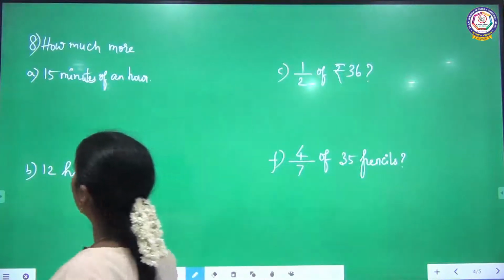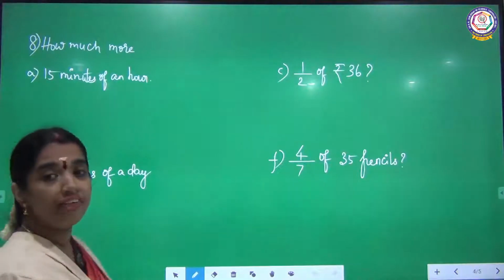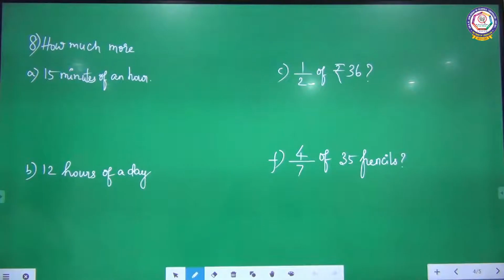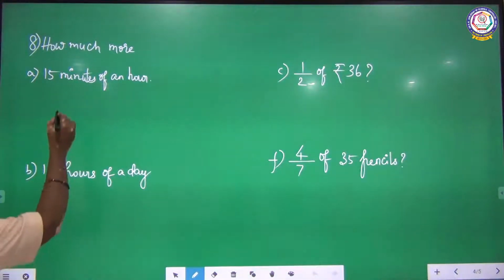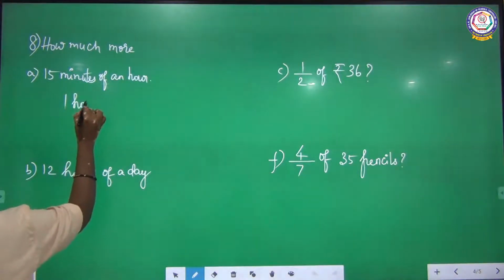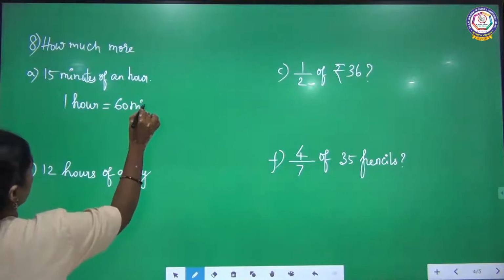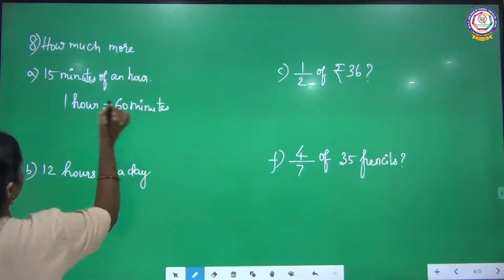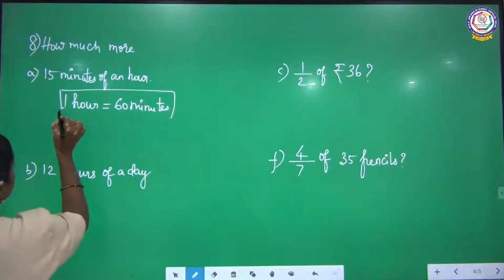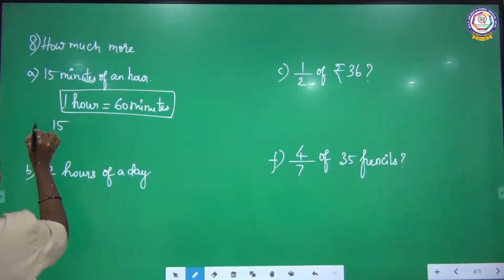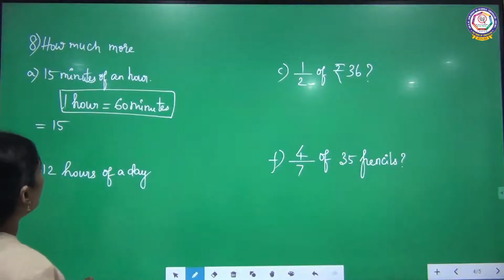Now, how much more? 15 minutes of an hour. Listen, 1 hour is equal to how many minutes? 60 minutes. 1 hour is equal to how much? 60 minutes. So, 15 minutes of an hour is equal to, how can I write?